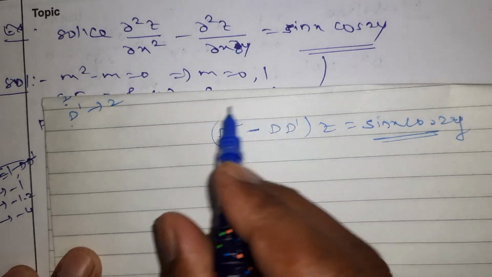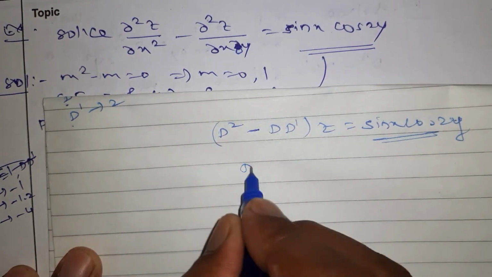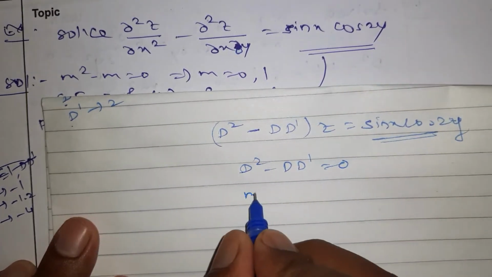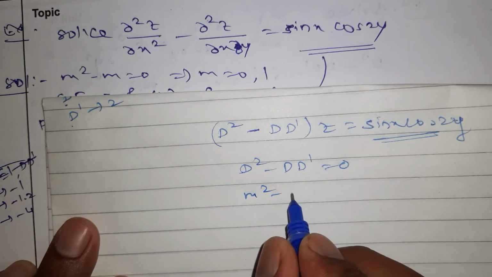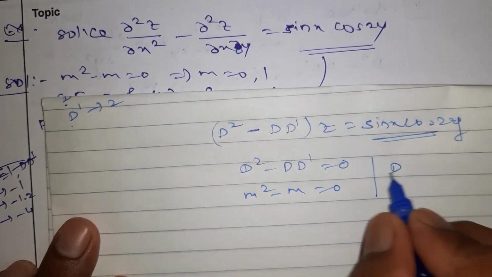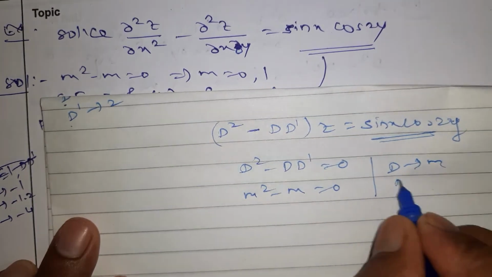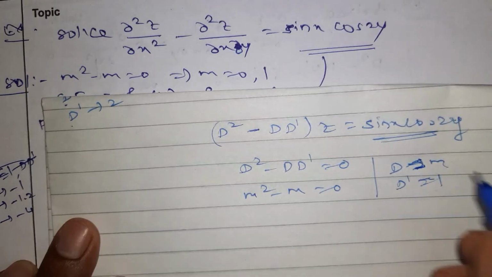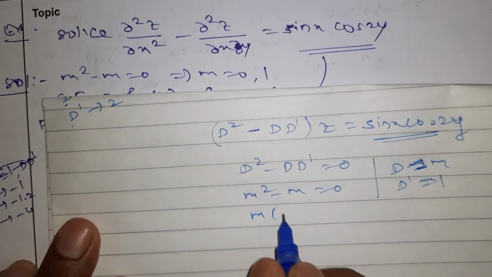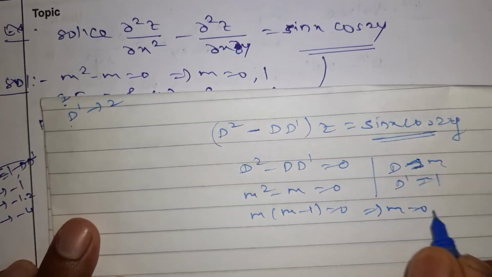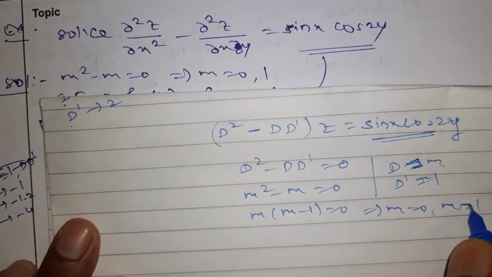Before that, we will solve this auxiliary equation. D² − D′ = 0, that means m² − m = 0. What I did here is replace D by m and D′ equal to 1. So I get m(m − 1) = 0, which means m = 0 or m = 1.